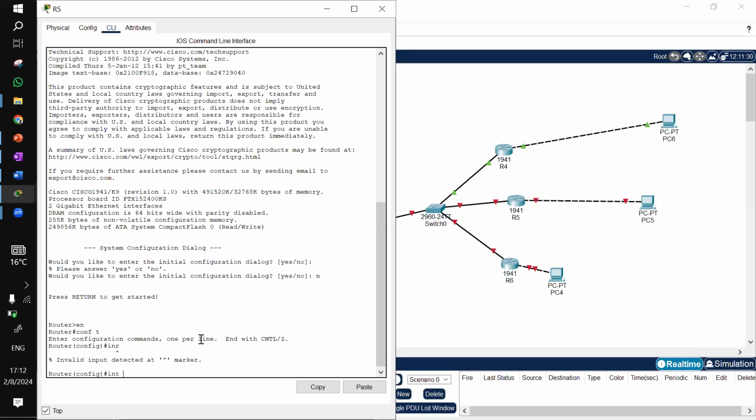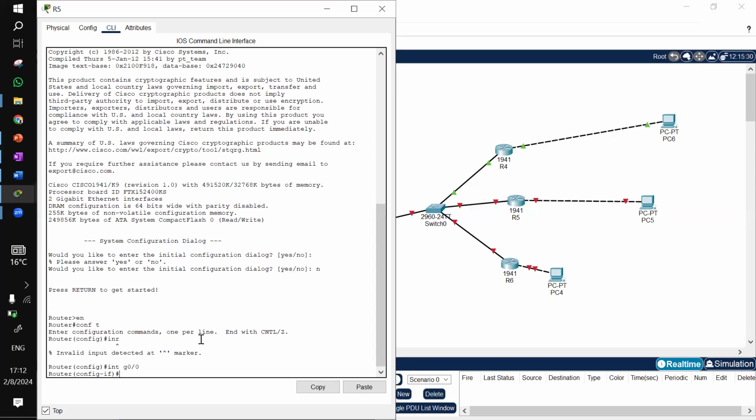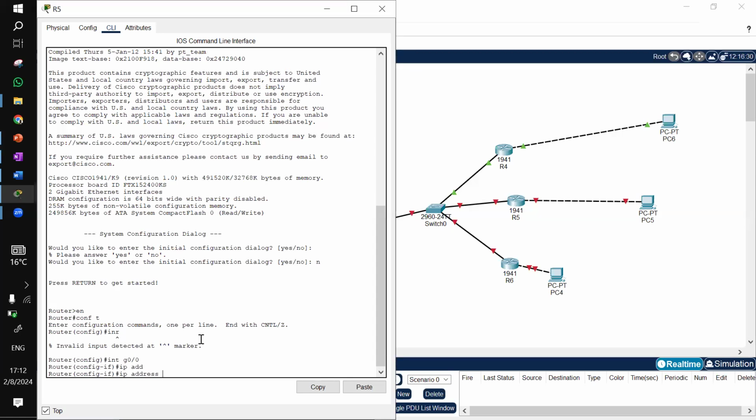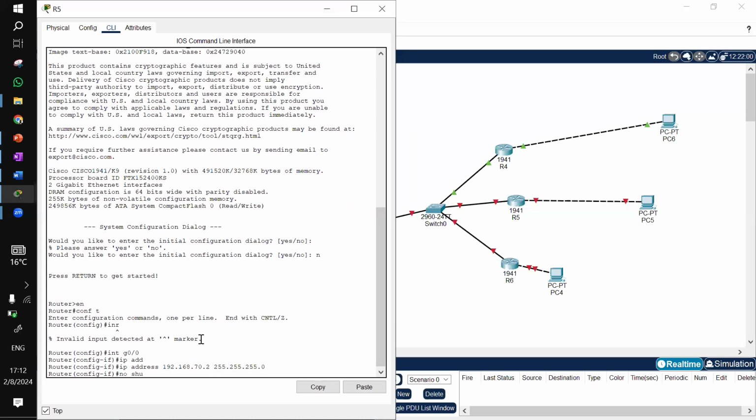Right, interface gig 0/0, and the IP address is 192.168.70.2, 255.255.255.0, no shut.